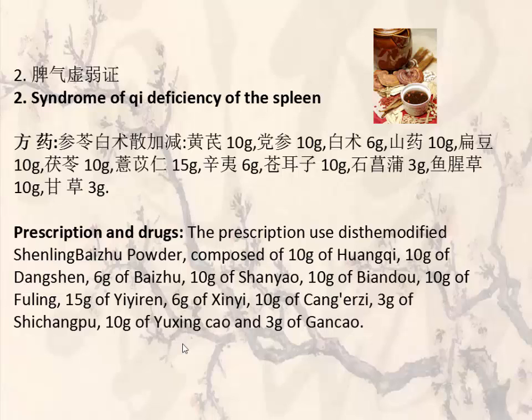For those of you who are not doing herbology, this doesn't matter, but it's still useful to see how we change the treatment plan based on root and branch. One root, spleen qi deficiency, could manifest many different symptoms.